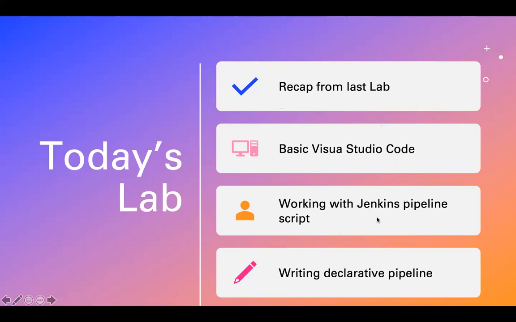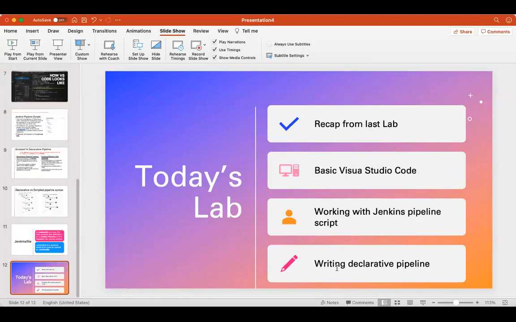Then we're going to work with some pipeline script, which will be declarative, of course. Then we're going to write some declarative pipeline to do our CICD. So this will be our agenda today. And that's the end of the slide. Any question before we proceed to lab?